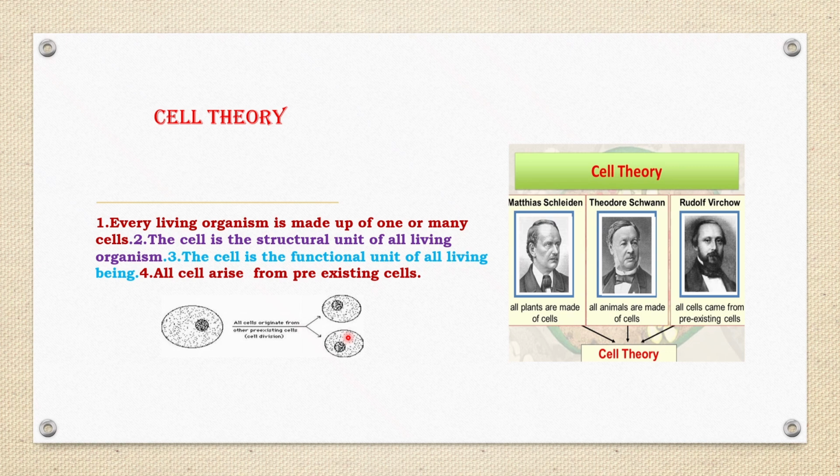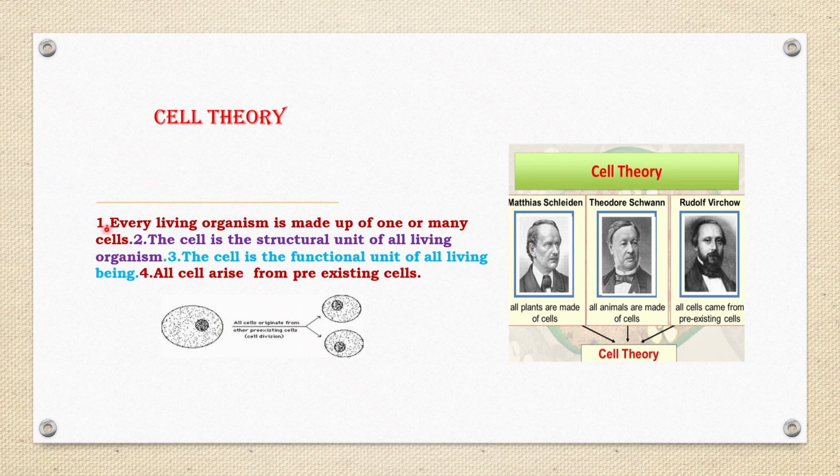Cells came from other cells. New cells are formed from the existing cell. Pre means before, existing means these two cells. Whatever we are seeing, these existing cells come from a previous cell. Understood? So they gave the cell theory.